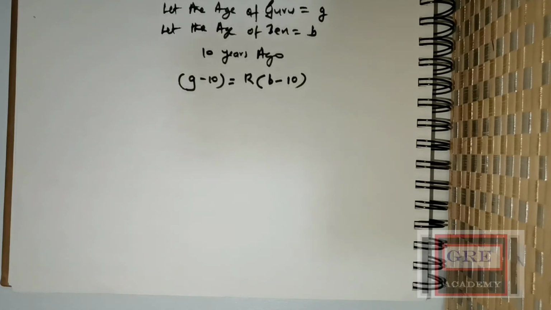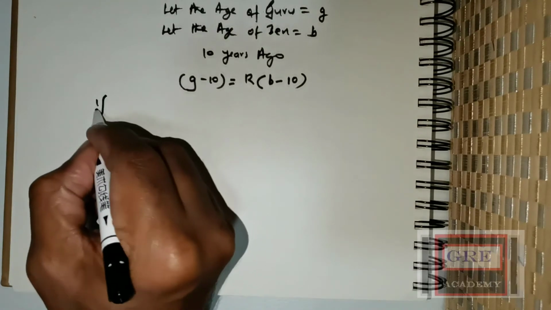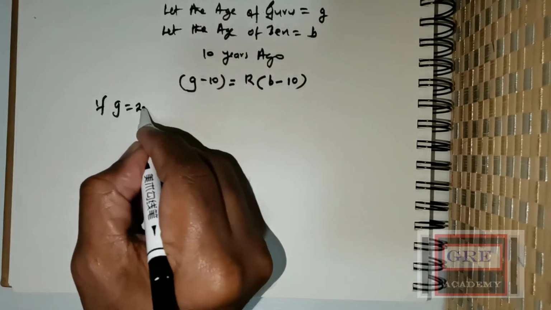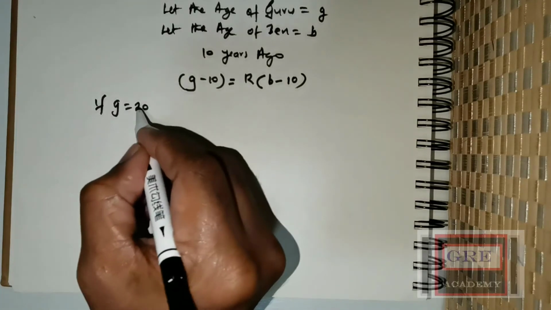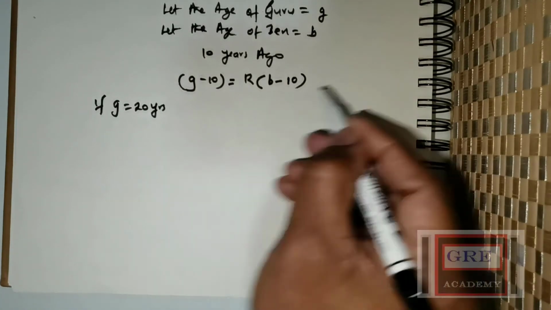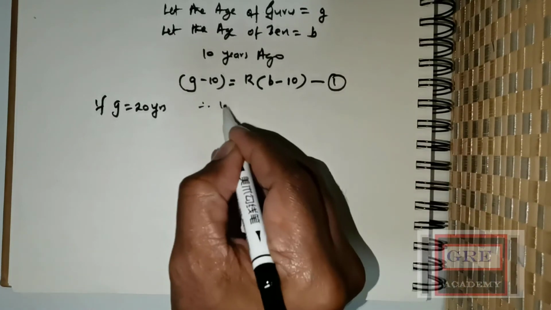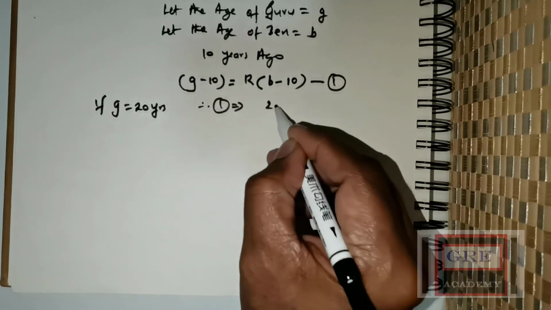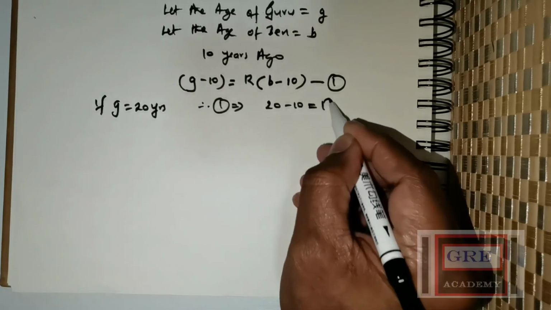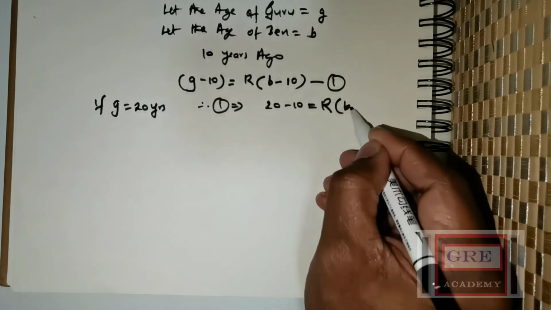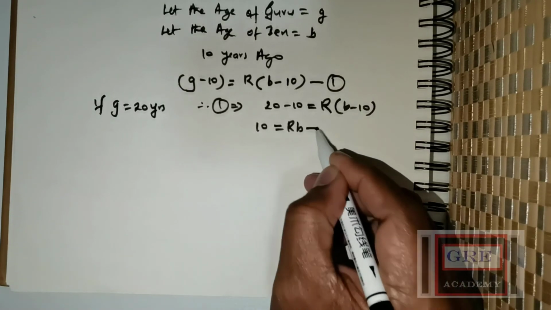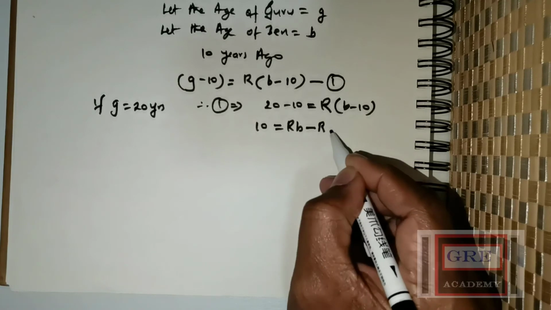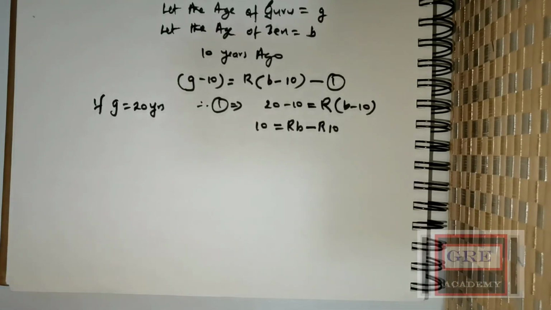Now it is also given that Guru is now 20 years, and we need to find how old Ben is in terms of R. So I can rewrite this as 20 minus 10 is equal to R times B minus 10.